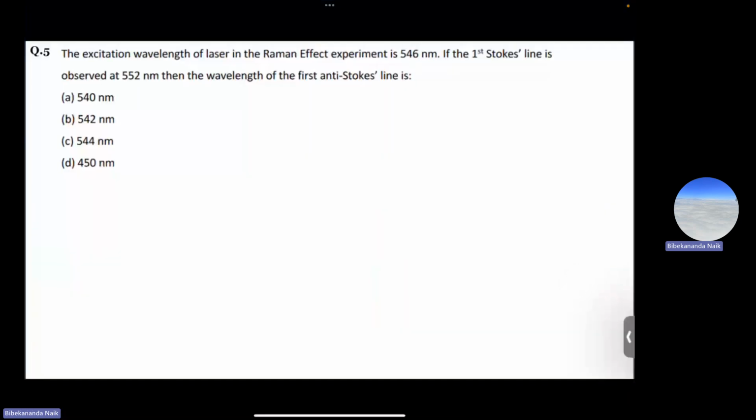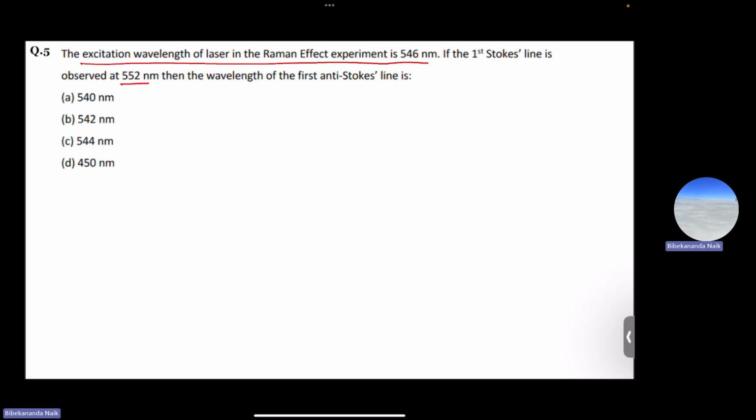So if we discuss this question, it says the excitation wavelength of laser in Raman effect experiment is 546 nanometer. If the fast Stokes line is observed at 552 nanometer, then the wavelength of the fast anti-Stokes line will be what?